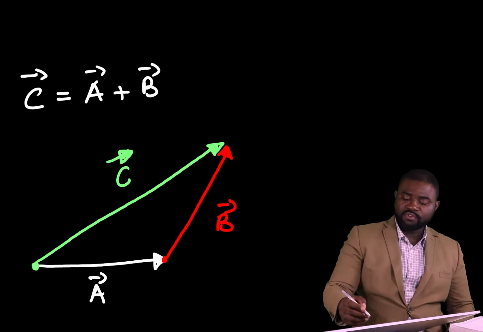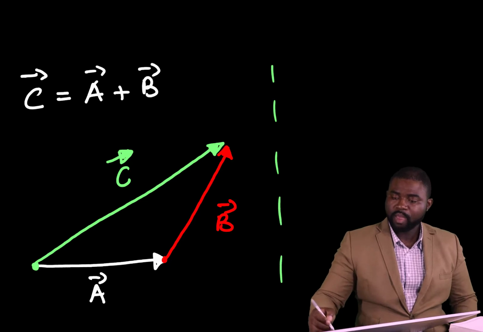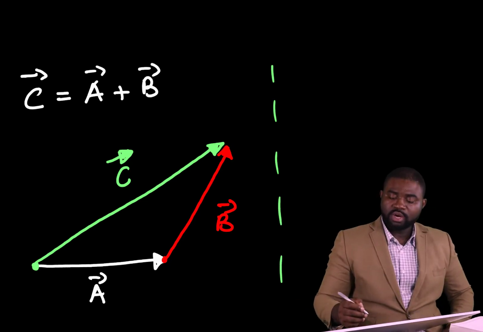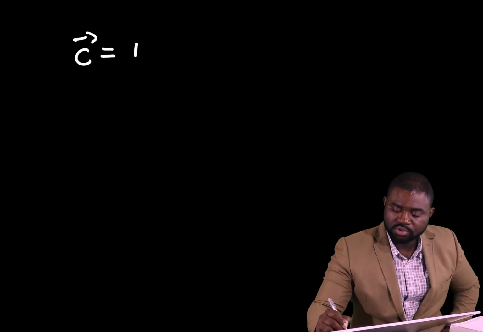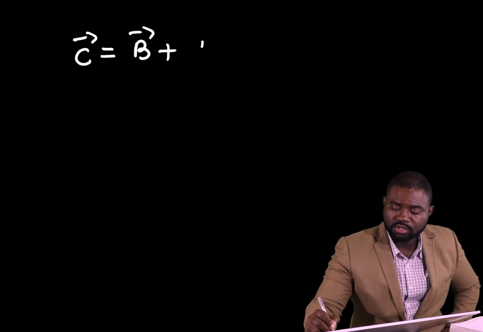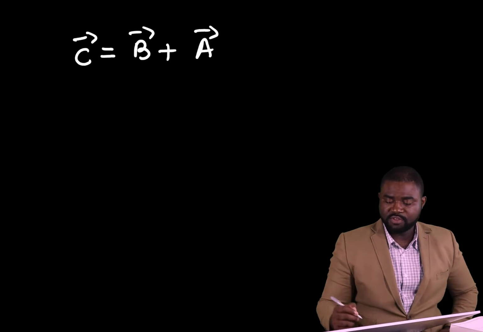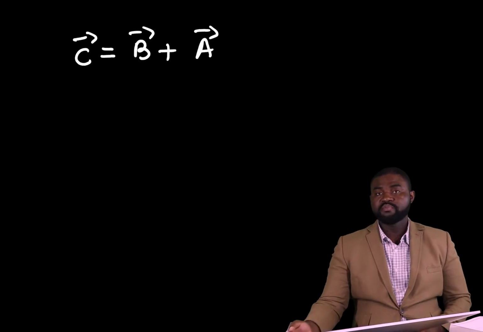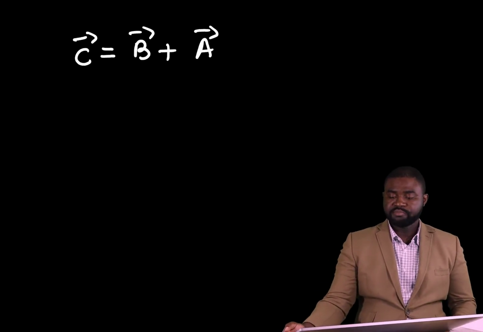Also observe something. What if we want to do vector C equal to B plus A? Will it be the same as A plus B? Let's see.